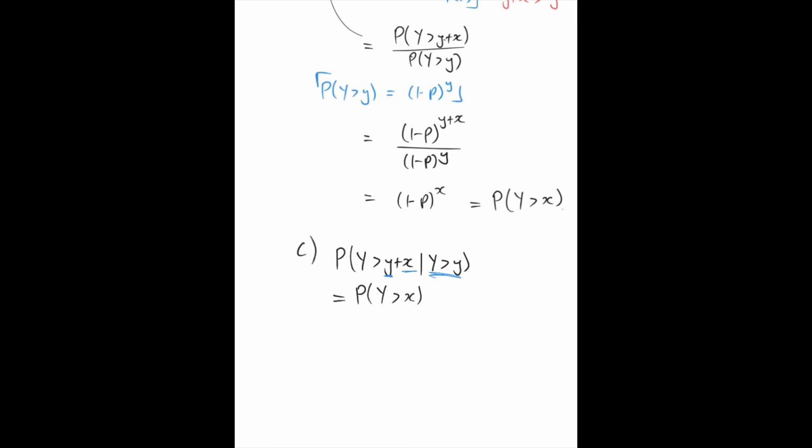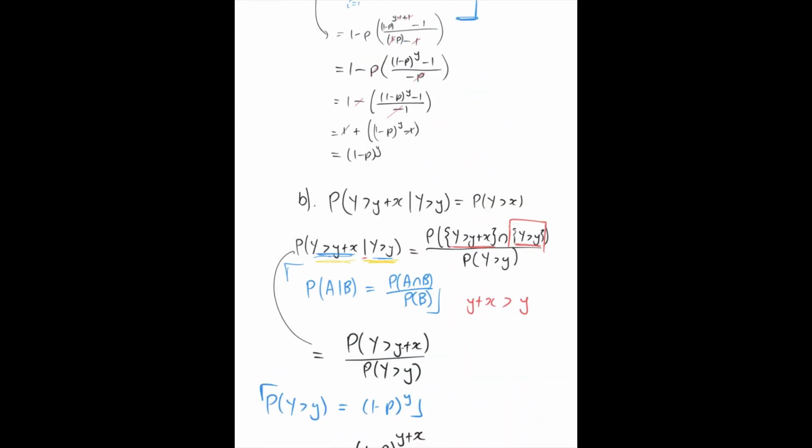And so we call this memoryless because in this line here, we've completely forgotten that y has happened. We've said nothing's happened until y, therefore we don't care about including y + x in our probability, we only care that now we need to count x more independent trials until it happens. Okay, hopefully that is comfortable, and we can now move on to the next question.